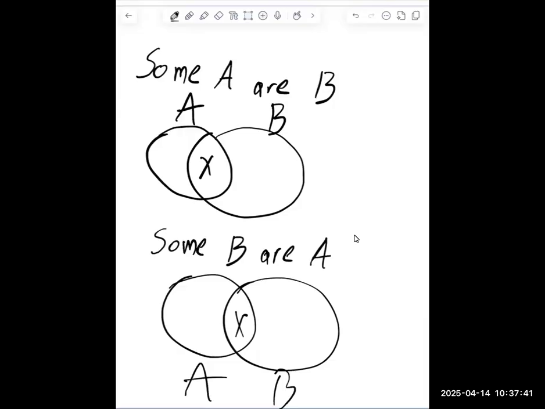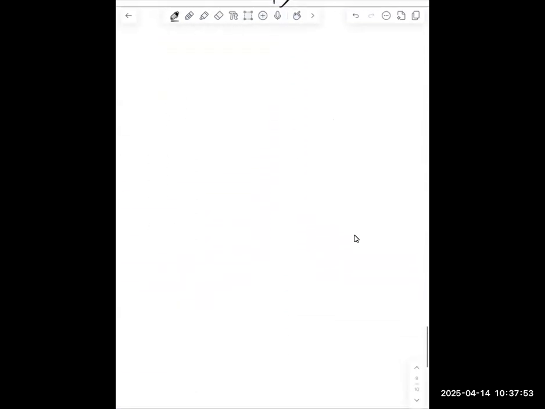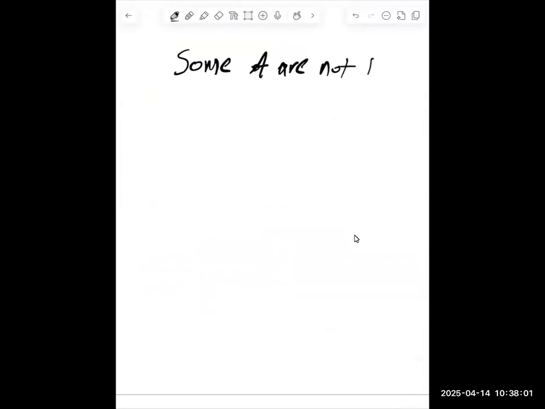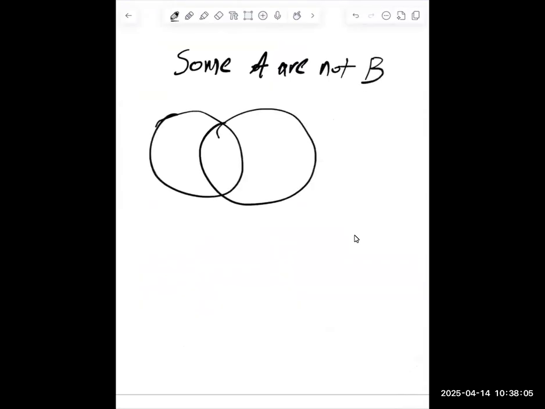And if I say some cats are mammals, well, it is then definitely true that some mammals are cats. But now notice this. What's that look like?